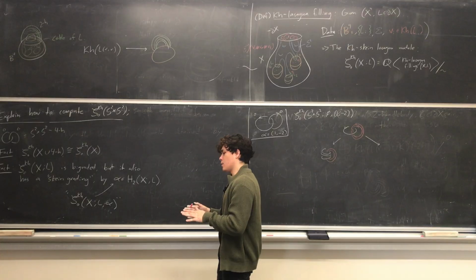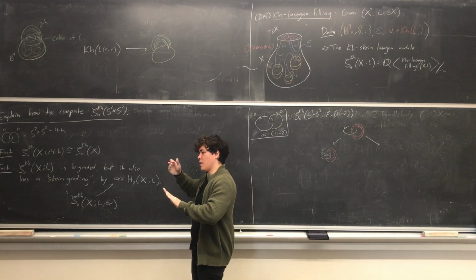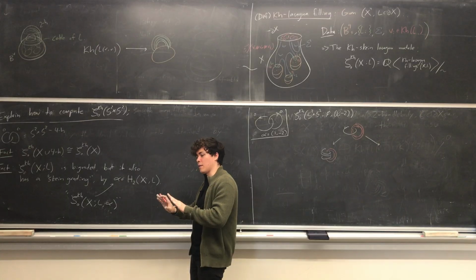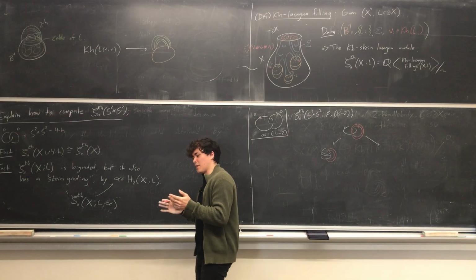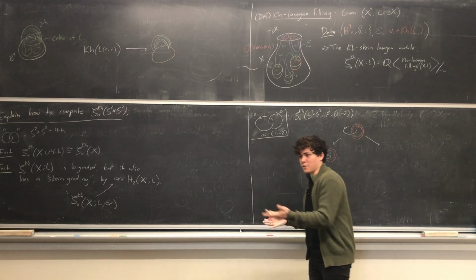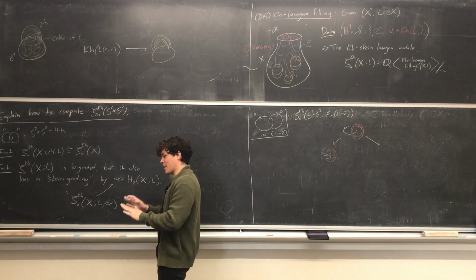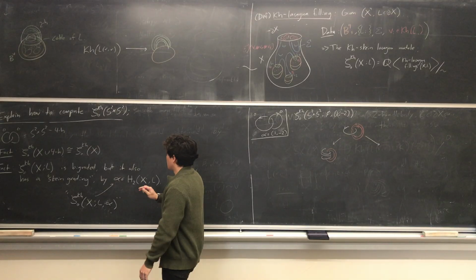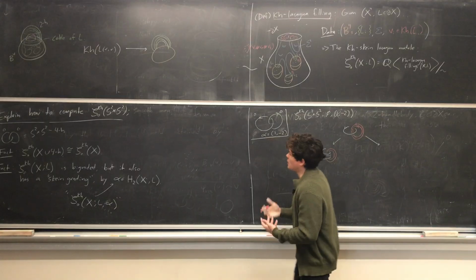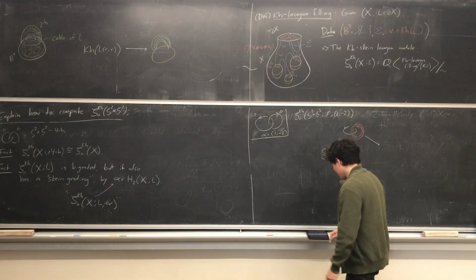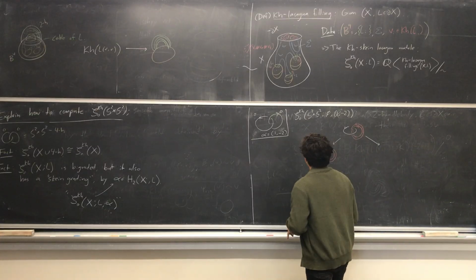There might be a sense in which the lasagna module is something like the Khovanov homology of L in that 3-manifold boundary. So it does depend on which 4-manifold. Many 4-manifolds have the same boundary, but you're sort of getting a link homology theory for a link in the boundary of whatever your 4-manifold is. Does that make sense? But I don't know if that's more of a philosophical thing than something rigorous.